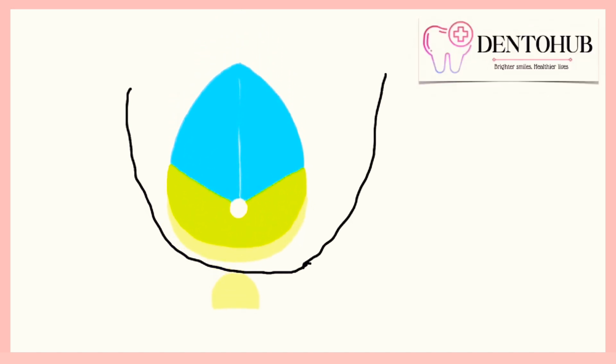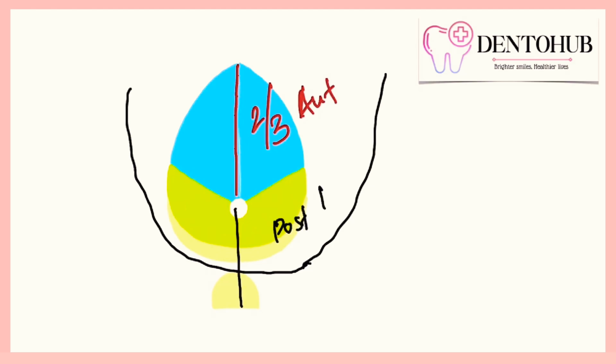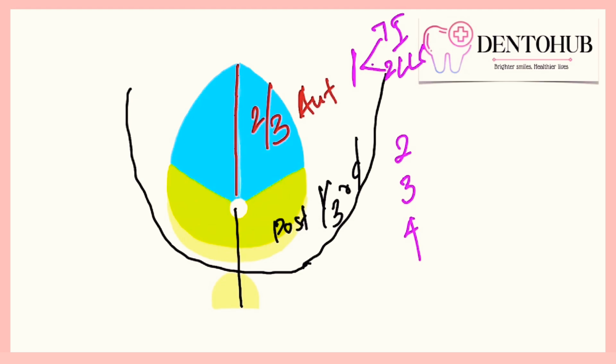So that is our tongue. Once again, to summarize, this is the anterior two-third and this is the posterior one-third. The anterior two-third is formed from the first pharyngeal arch, and the posterior third from the second, third and fourth arches. The anterior part is from two swellings, the tuberculum impar and two lateral lingual swellings.